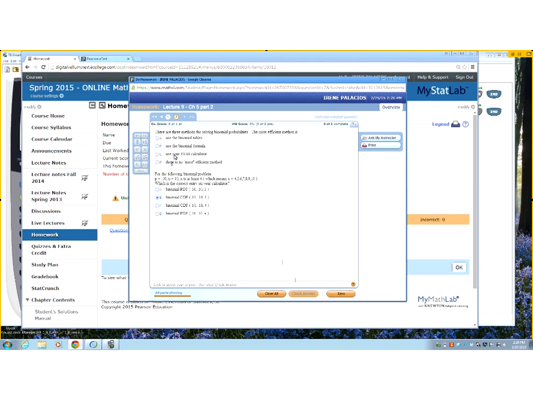All right, I have to do the next one. It says there are 3 methods for solving binomial probabilities. The most efficient method is, so what is the answer to that one? We had already talked about that. Use your calculator. I had to do that one in order to check my answer. That's what's going to get you the right answer. You have to select something, and the only one that will work is the binomial CDF, where you enter a 3.